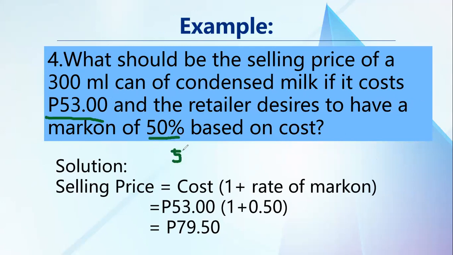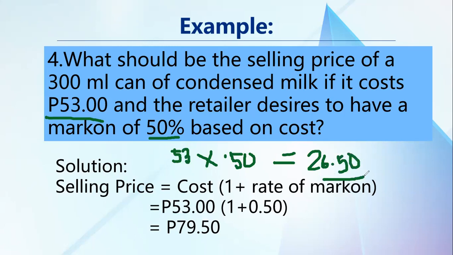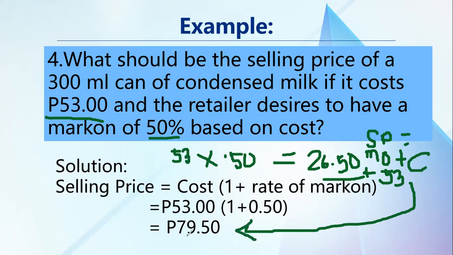So 53 multiplied by 0.50 is 26.50. That 26.50 is your mark-on price. It will be added to your cost to get the selling price. So 26.50 plus 53 pesos, you still get the same answer, 79.50 pesos. Are we good?